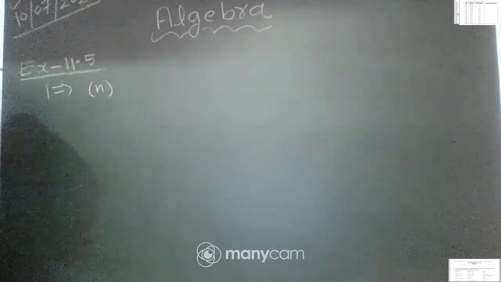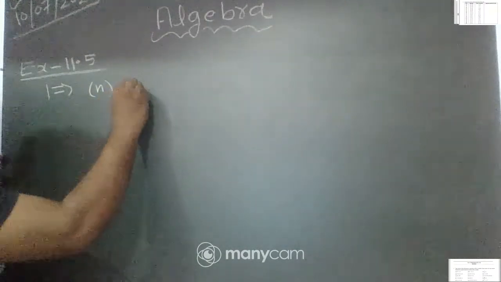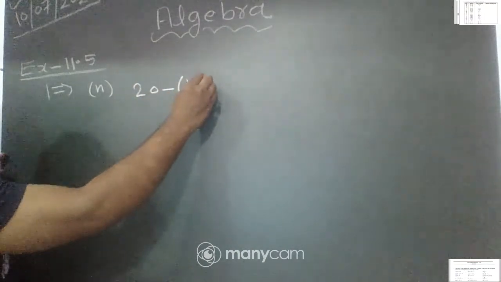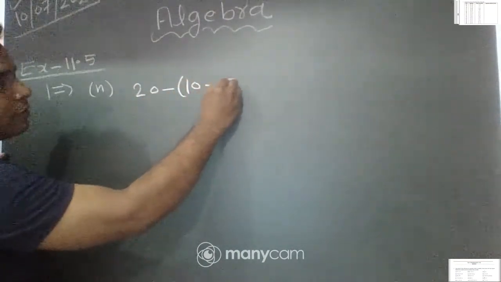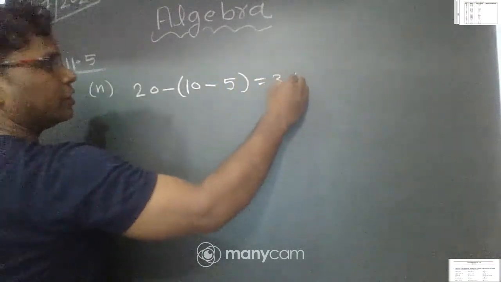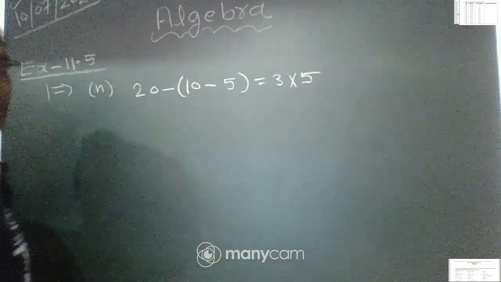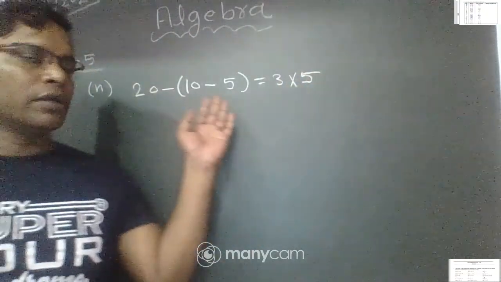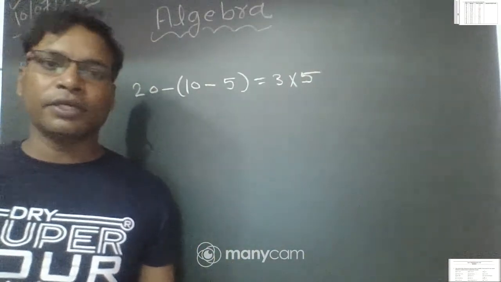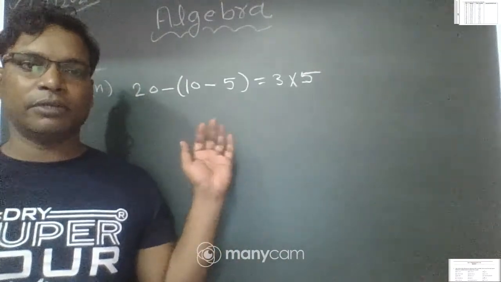Okay, question number 1. This part is 20 minus 10 minus 5 is equal to 3 into 5. Okay, so here you can see left hand side is equal to right hand side. So this is an equation without variables.